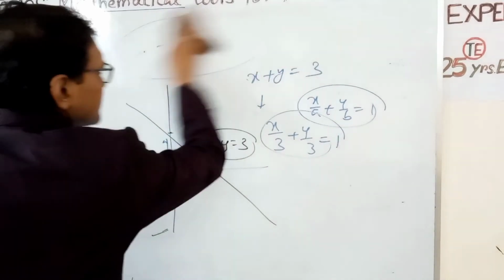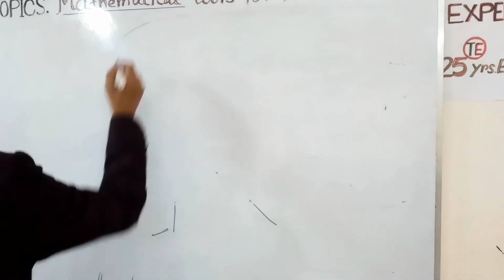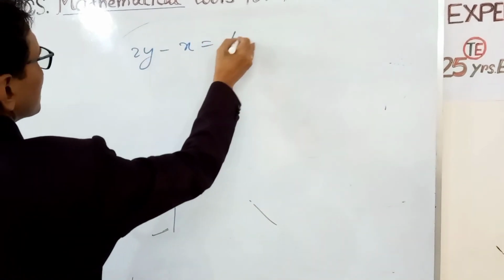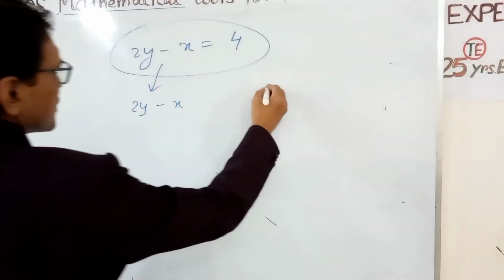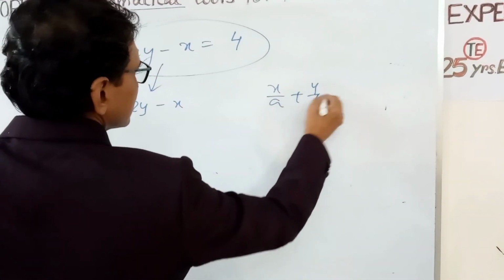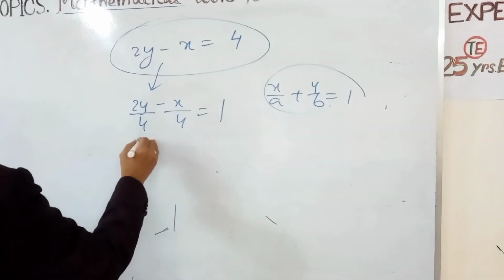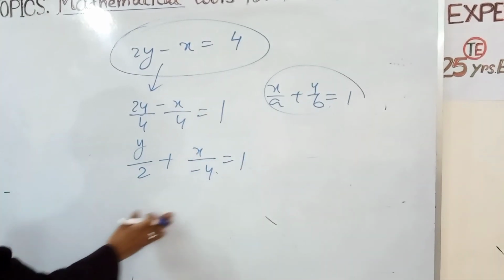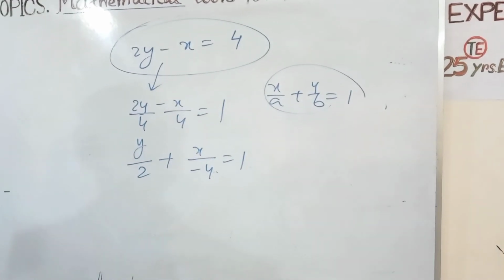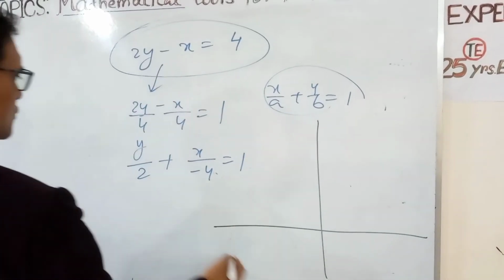If it is given, suppose, 2y minus x equal to 4, to draw the straight line you have to express it in this form. So this will be, here 2 and minus 4.